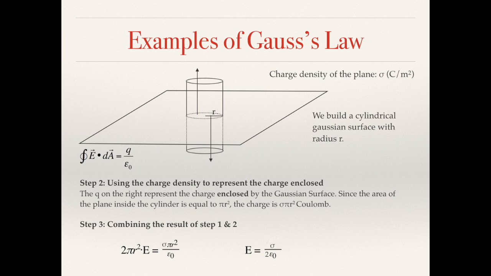And the second, which is more important, is that as we have assumed, for an infinitely large plane, the electric field strength does not change with the distance from that plane. It is always a constant E. That's what makes our cylindrical Gaussian surface possible for solving the electric field of that plane.